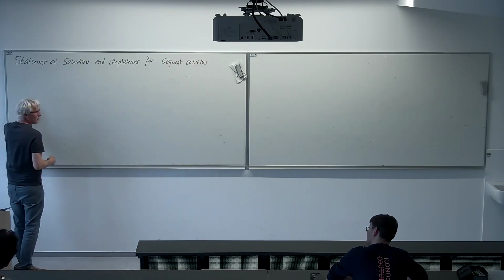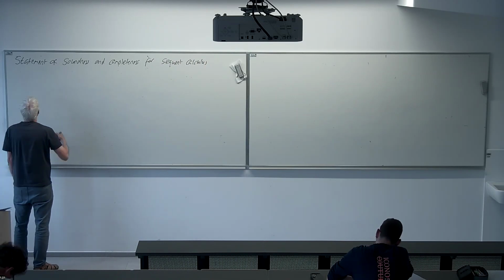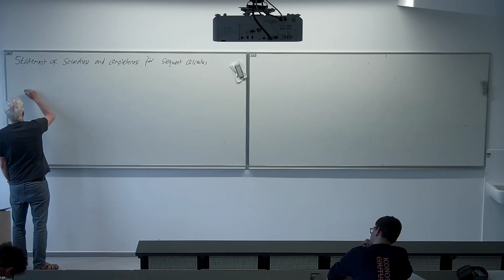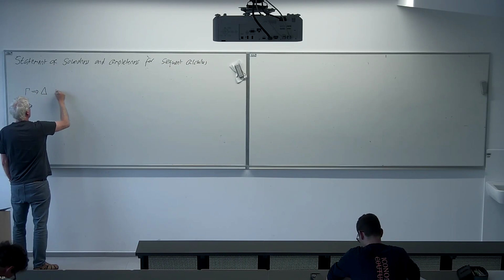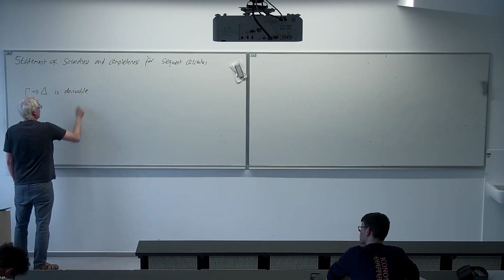So on the one hand, for any sequent, with gamma and delta finite sets of formulas, we have the statement that the sequent gamma on the left, delta on the right, is provable or derivable, I shall say, in the calculus.